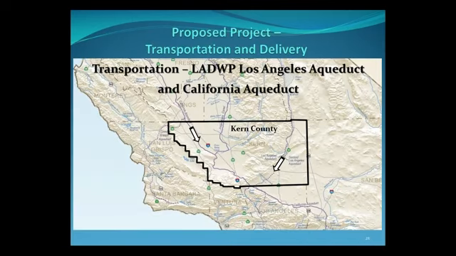The intention of Mr. Gardner's original project, Kernco's project, was we'll take the water out of the Fremont Valley, put it in the LA aqueduct, and send it to LADWP. They trade it, give it to Metropolitan Water District. Metropolitan Water District relinquishes a like amount of water in the California Aqueduct.